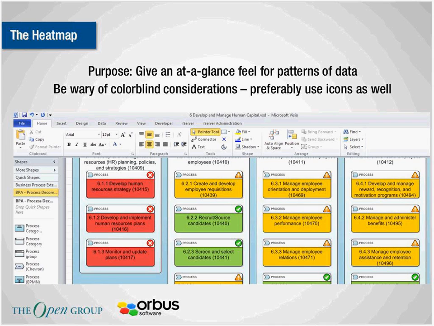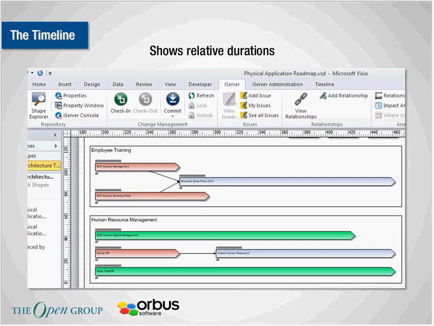Now the last pattern that I'll consider is the timeline. This is used when you need to show relative durations of items, particularly in a project planning sense or in an application portfolio management sense, showing retirements and handovers. I'm showing the application portfolio management timeline diagram that we use internally, because we supplement the relative durations with arrows showing the handovers, the decommissionings, and so on.